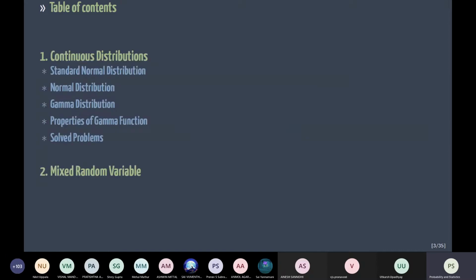So, okay. This is the topic for today's class. We will continue with continuous distributions, and we were doing standard normal, and we will continue to do a little bit of that, and then we will go to normal distribution. So there is standard normal with mean 0 and variance 1.